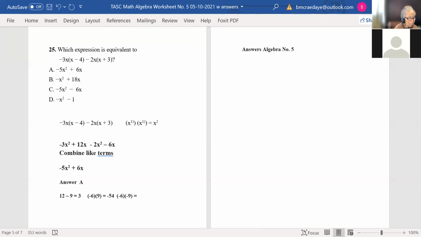It will be a plus 54. That's right, because here you have minus, minus, those are like signs, they multiply to give you plus. Unlike signs multiply to give you negative.